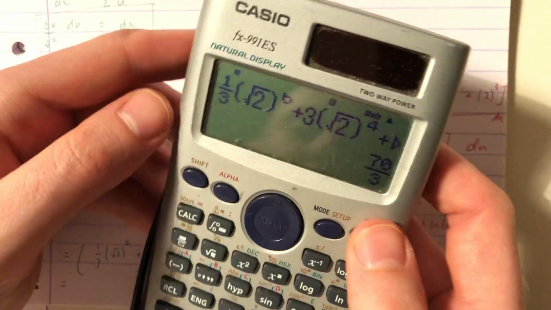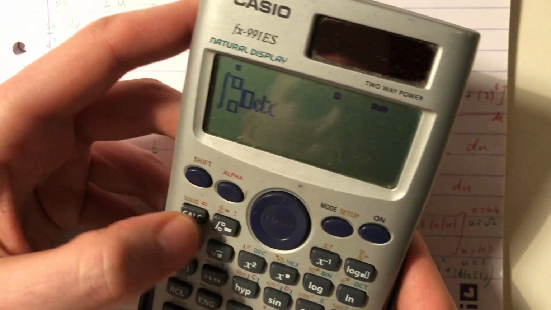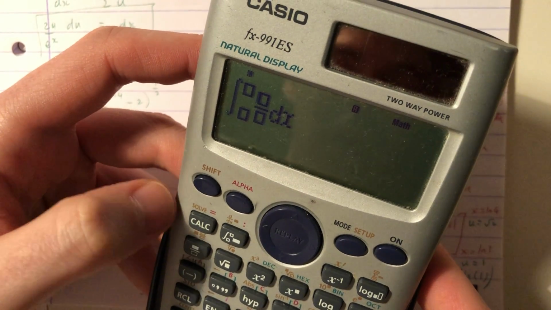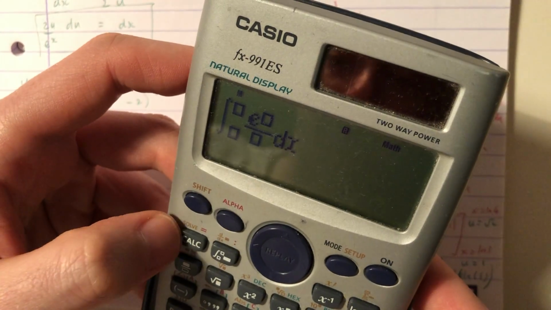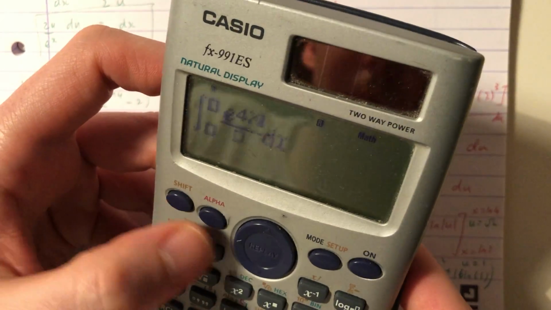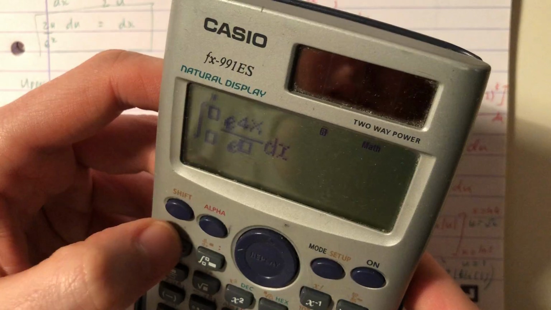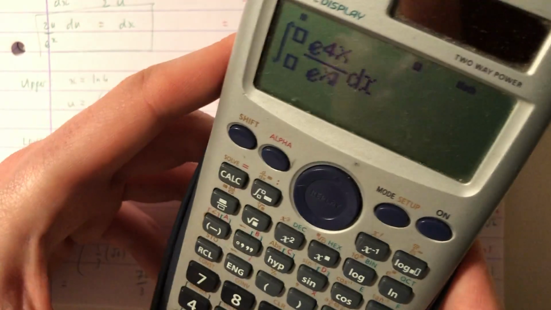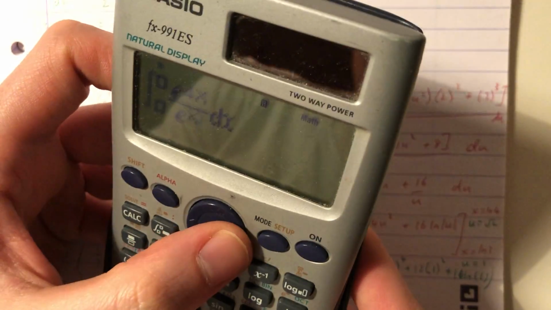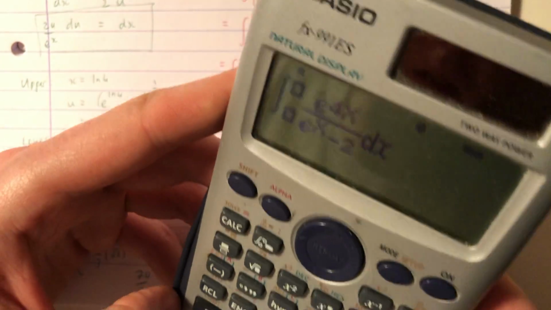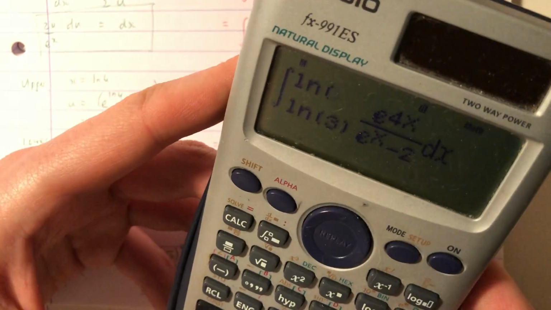Let's check on the calculator. So integrate, first thing was e to the 4x, e to the x minus 2 between ln 3 and ln 4.